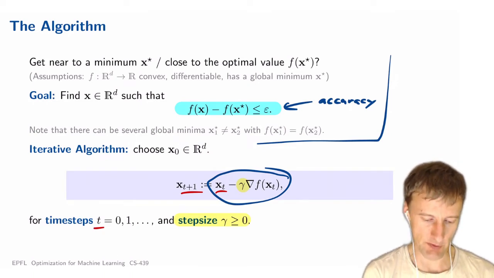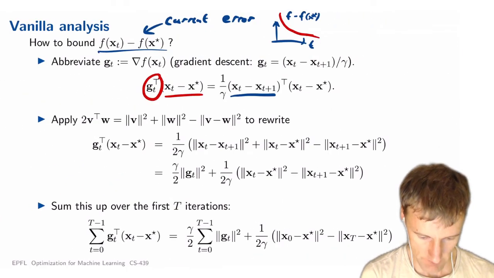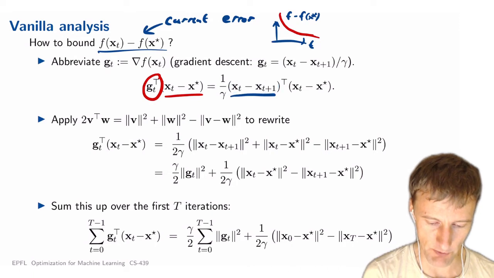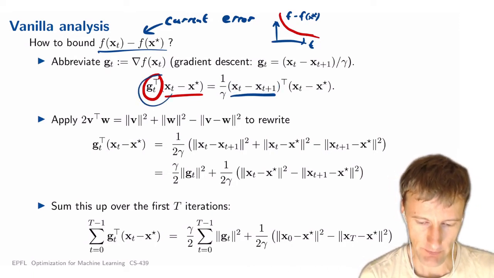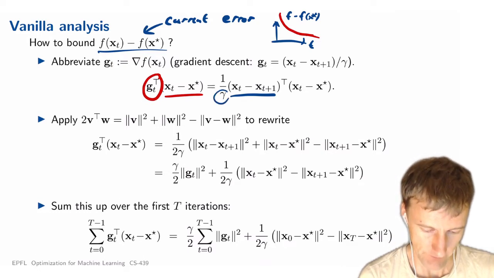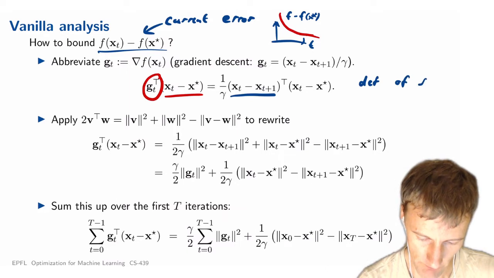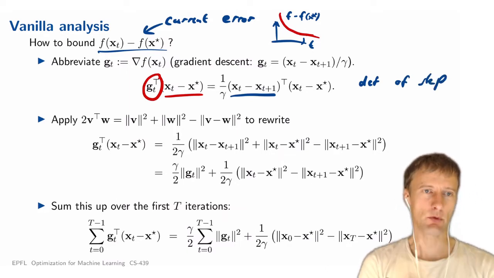That means the difference between the old and the new point is gamma times gradient. And that's what we have done here. So here's the difference between the new and the old point, and I just plugged in that this is gamma times gradient. So that's the definition of the step. Nothing has happened. And now we want to go further.